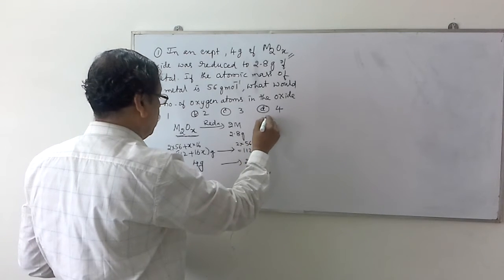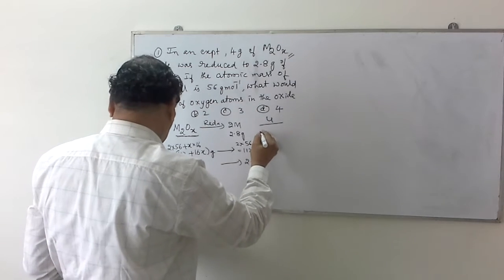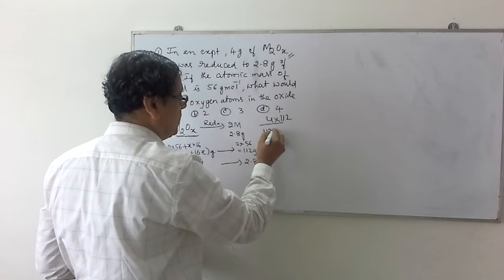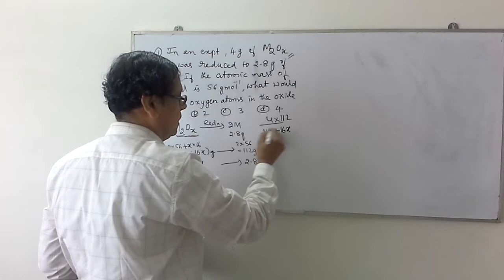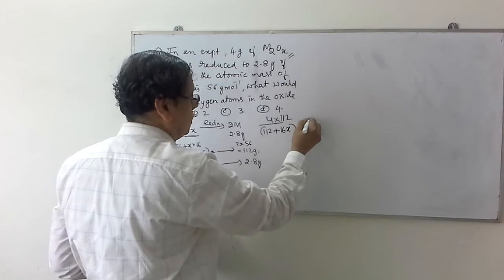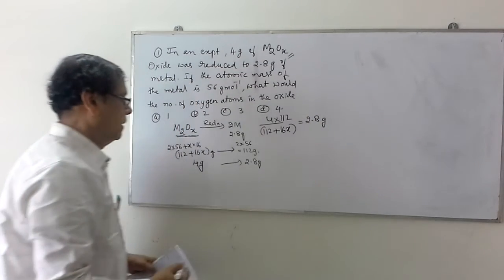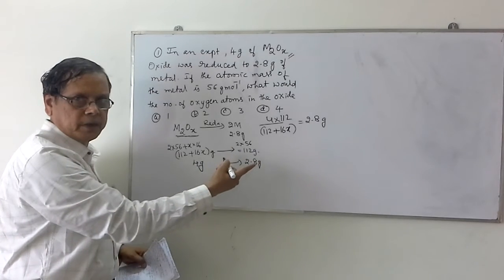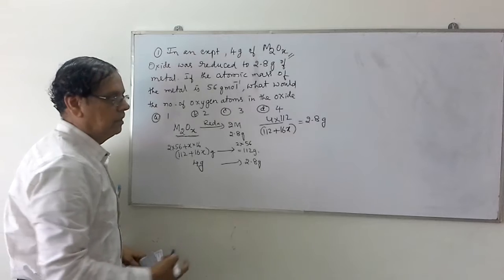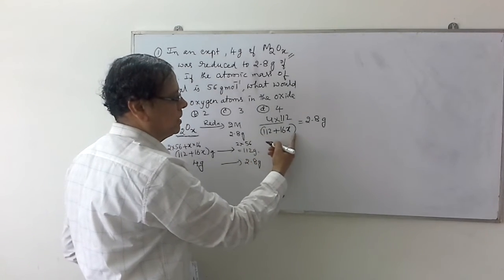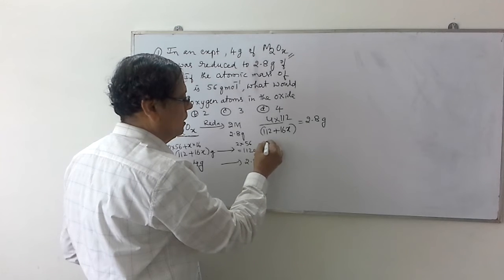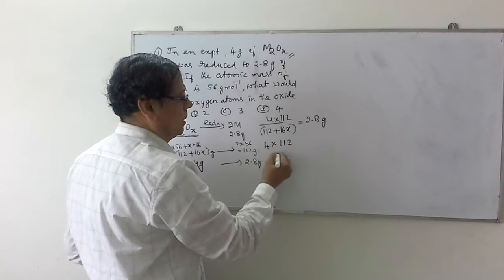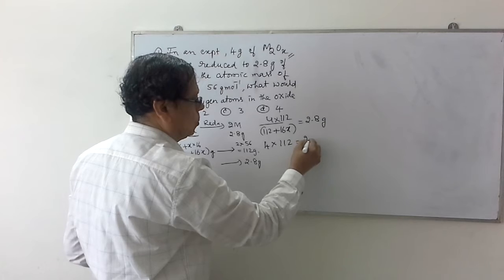Therefore, 4 into 112 divided by 112 plus 16X is equal to 2.8.